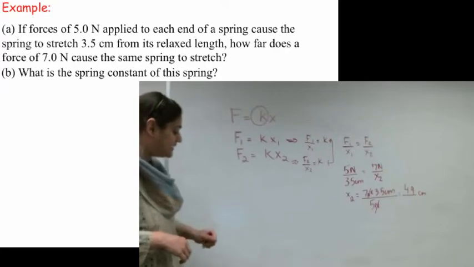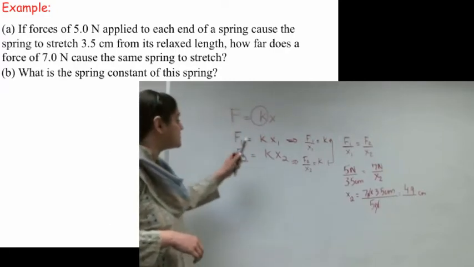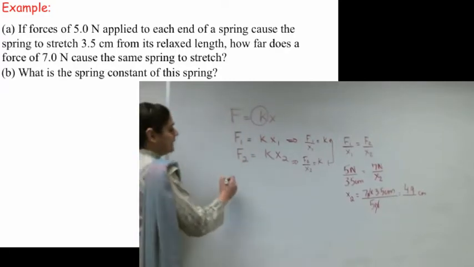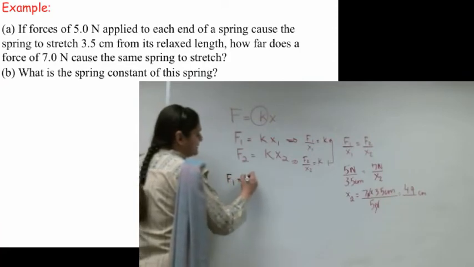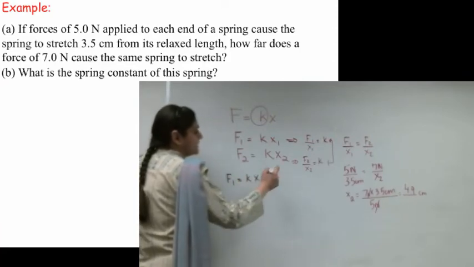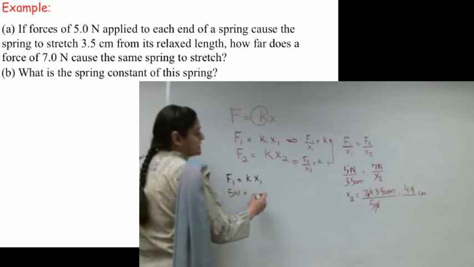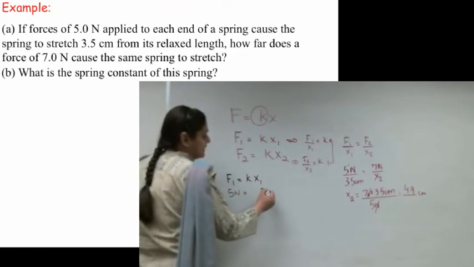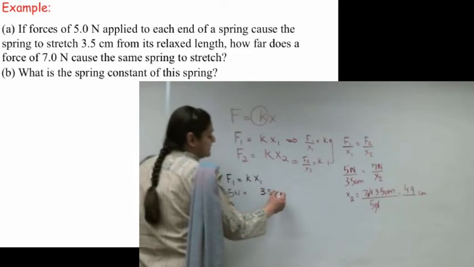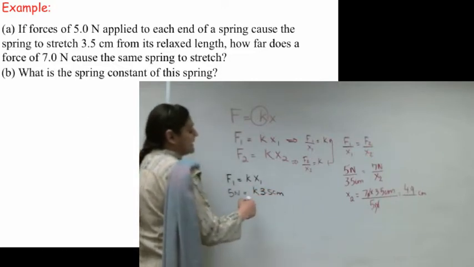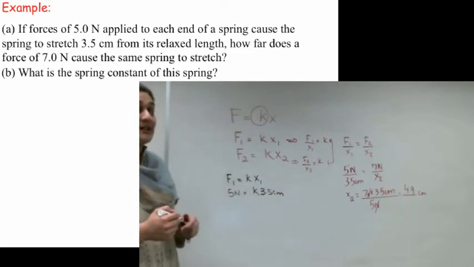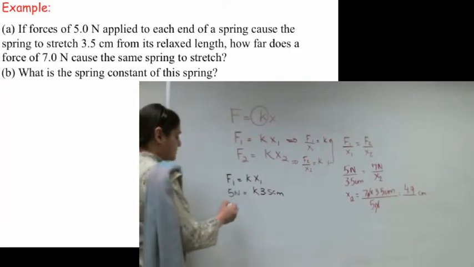Now, part B of this question says, what is the spring constant of this spring? All I need to do is look at this. I know F1 equals kx1. F1 that was given to me was 5 newtons, and x1 was given as 3.5 centimeters. I could leave it in centimeters or I could convert it to meters. It's your choice.